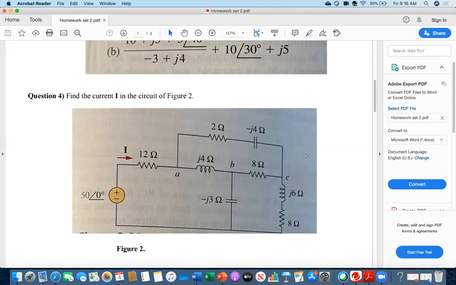You need to apply here the delta Y or Y to delta conversion. I believe in case of DC circuits, although you always have only the resistive components, you all did delta to Y or Y to delta conversion. So in this problem, definitely you would need the help of that conversion technique.